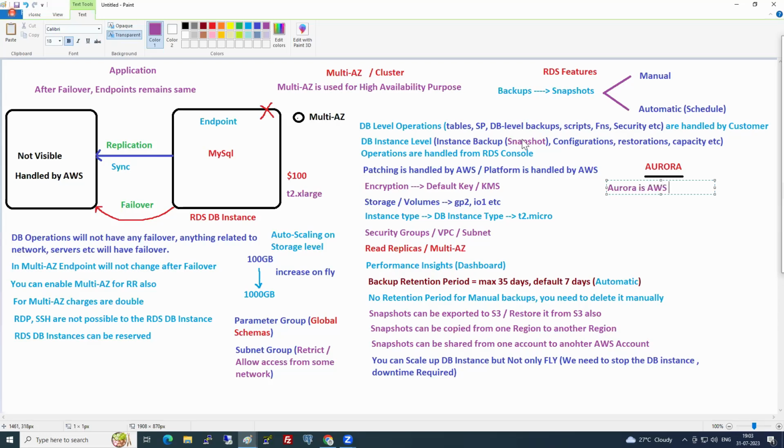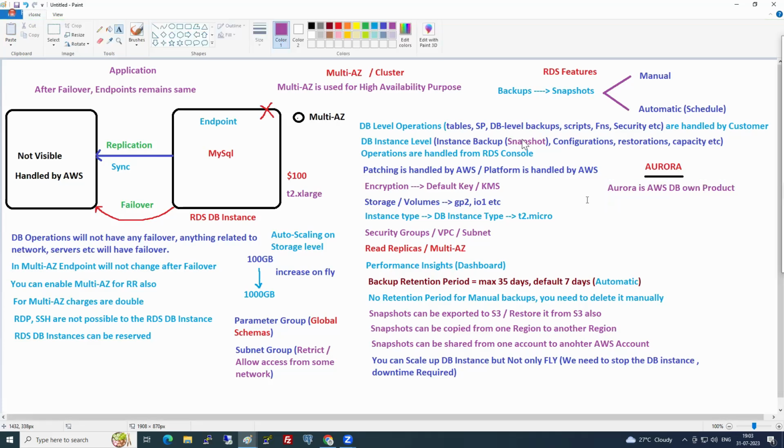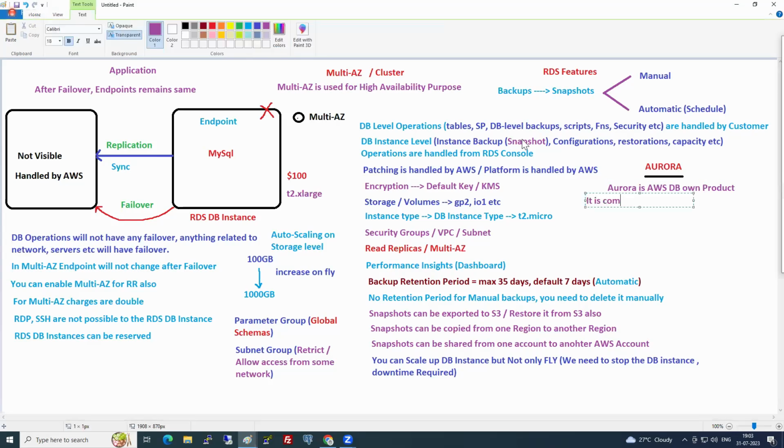Aurora is an AWS DB product. It is compatible with MySQL and Postgres. And how much faster is it?